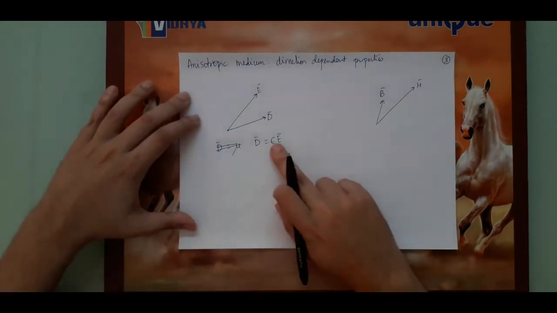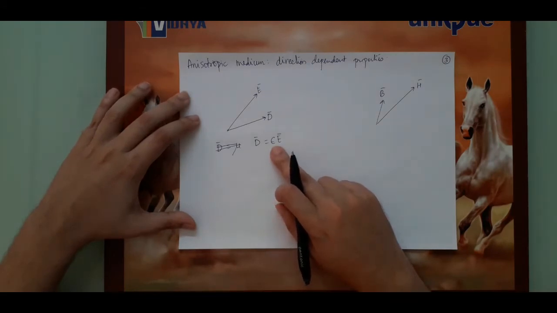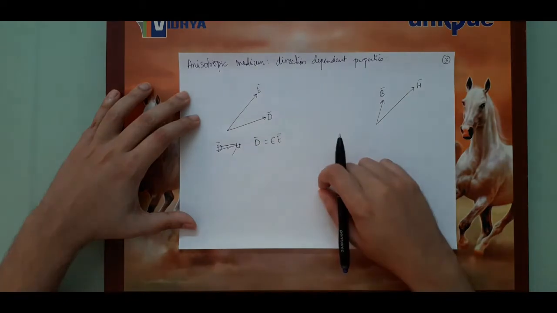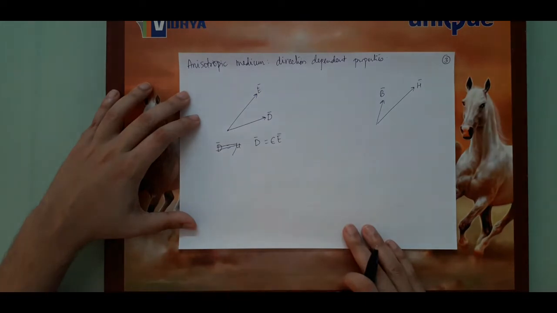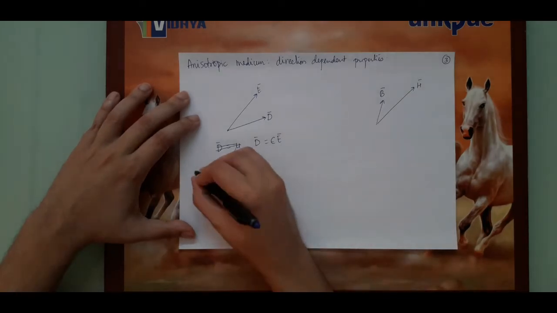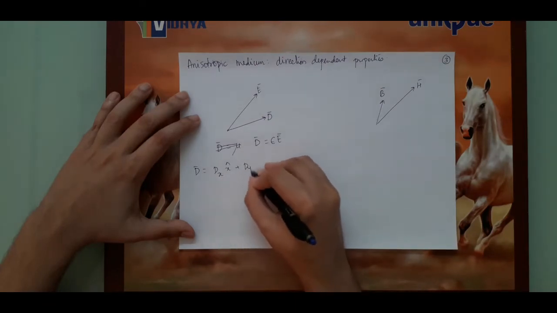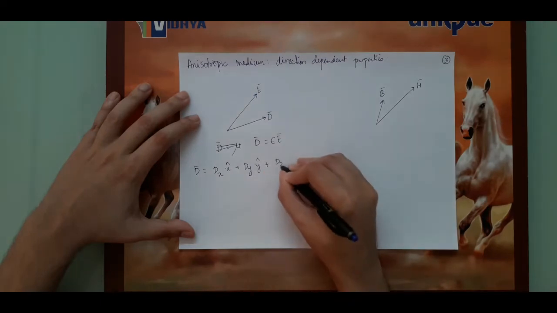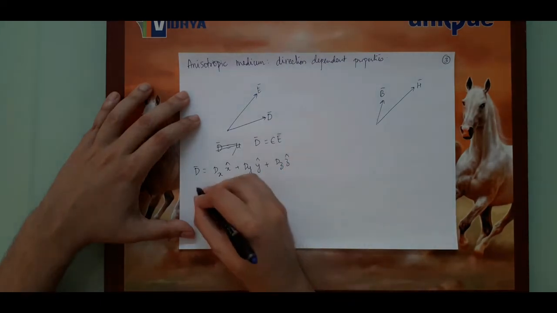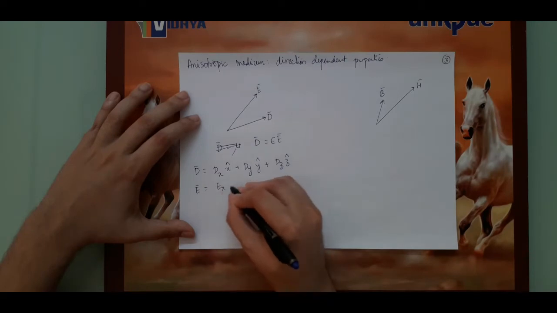Now in such case, the representation of epsilon is not so easy, because the directions of E and D are now not the same. So if D is a vector having this kind of component, and the electric field vector E looks something like this.